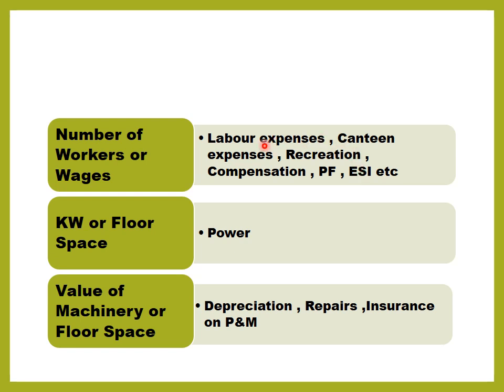So all canteen expenses, compensation expenses, labor expenses, in short, worker expenses, are to be distributed on the basis of number of workers or wages. Wages are paid to workers, therefore all workers' expenses are to be distributed on the basis of number of workers or on the basis of wages.